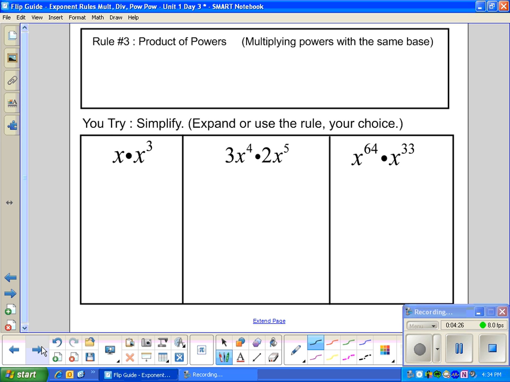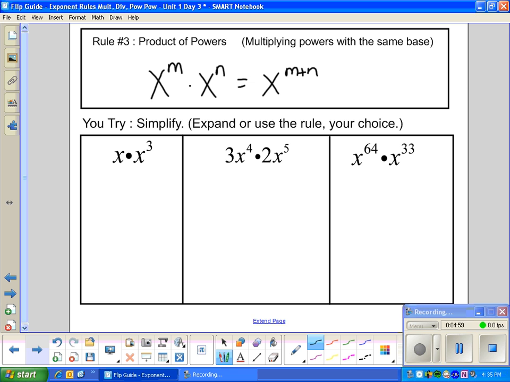So now the rule that we just discovered is one of our properties of exponents. Here we go. It's called the product of powers rule. If I have one base raised to some power, multiplied by that same base raised to another power, my answer, when I simplify it, is going to be x to the m plus n, whatever that happens to be.